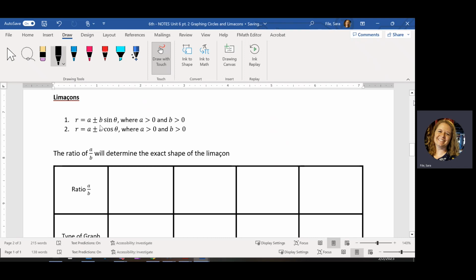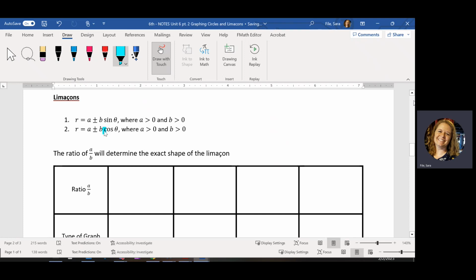If it's cosine, it's going to be drawn along the x or the horizontal. And if it's sine, it's going to be drawn along the vertical. But the Desmos activity didn't go into detail about what those different types of limacons are. So there's actually 4 different types of limacons, and it's all based on this ratio of A to B.